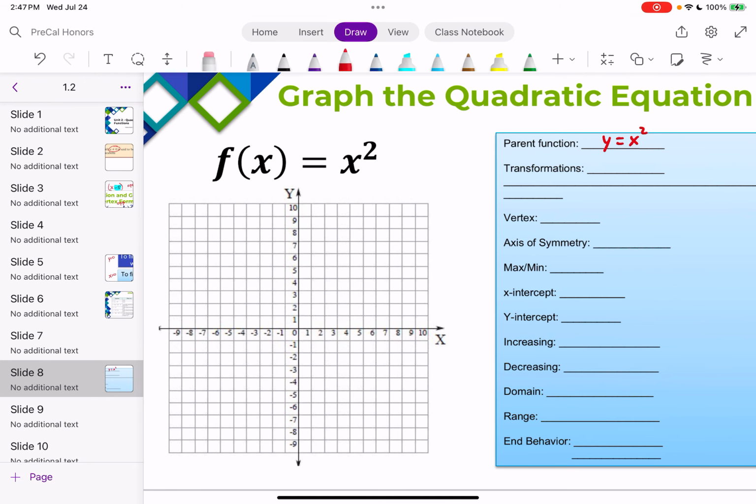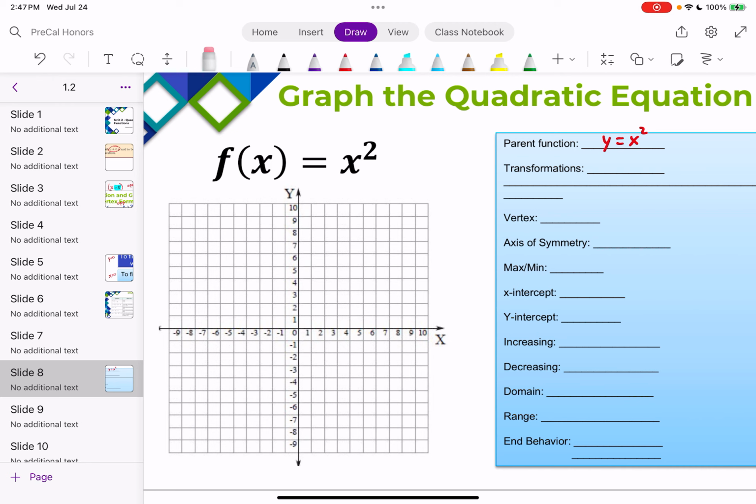Now in this case, we're going to take a look at our transformations. What transformations do we have? A is positive. A is a 1, so in this case, there are no transformations for A. We have x squared, which means h is not there, or it's a 0, so there's no movement left or right.